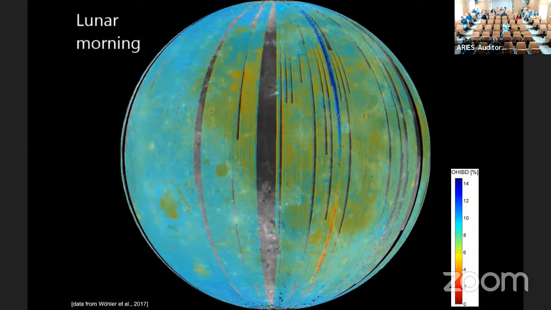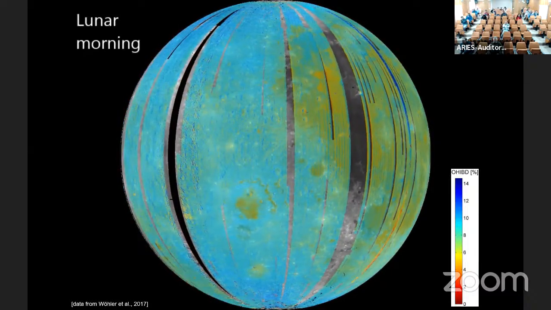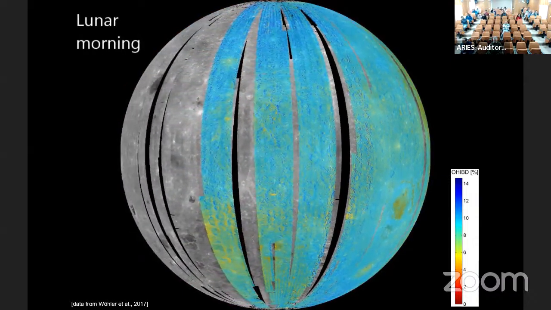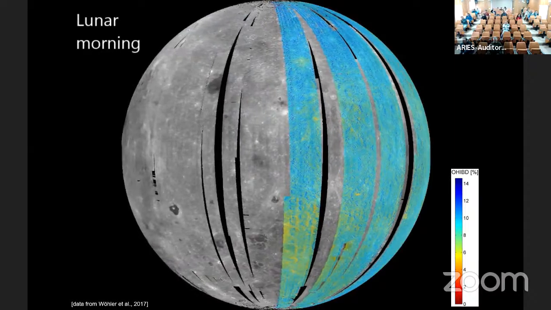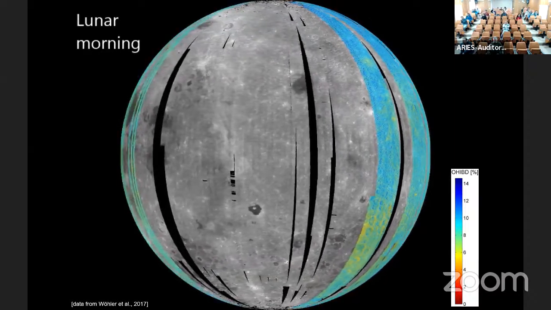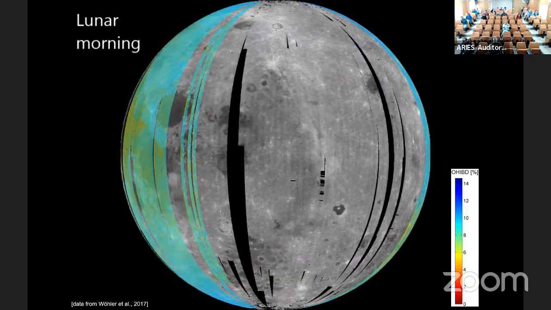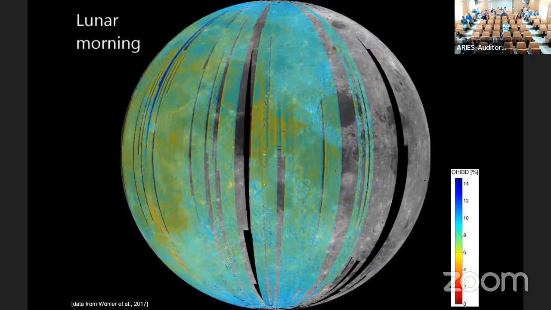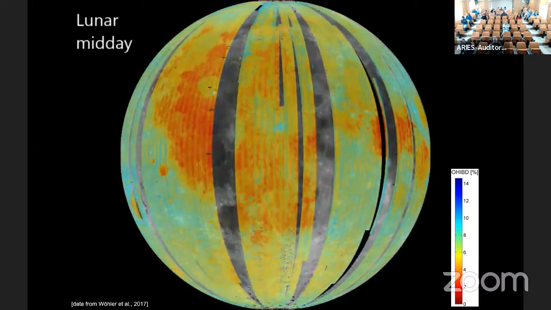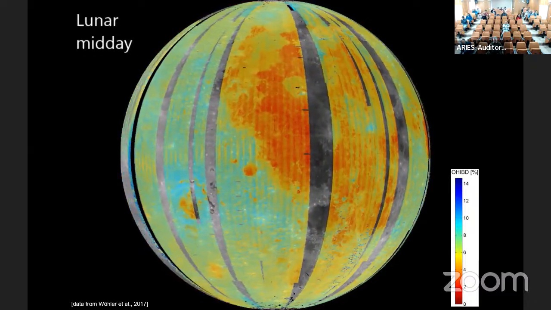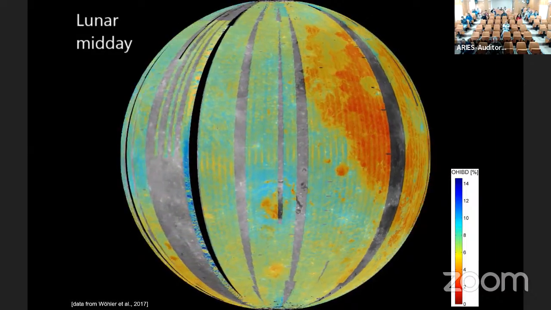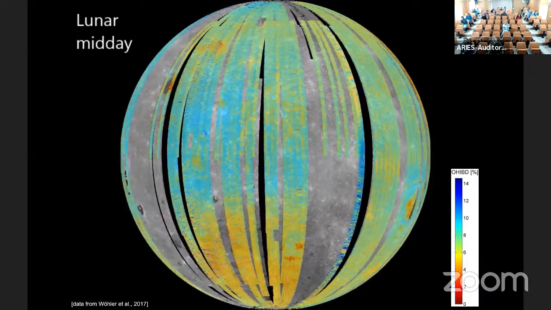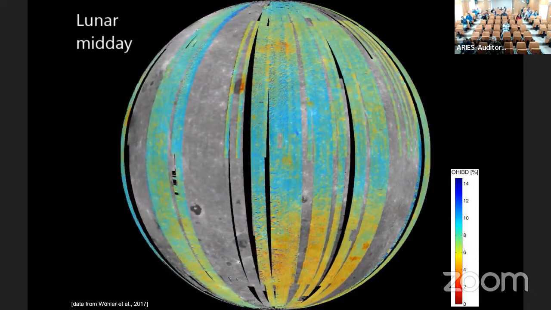And this is now simply a map of the depth of the 3 micron band on the moon after doing that thermal correction. As you can see, when there is no color, then there is no data. The bluer, the more water and/or hydroxyl. That was lunar morning, now it's lunar midday. At lunar midday, we have an especially high contrast between maria and highlands. So there is some compositional dependence clearly.